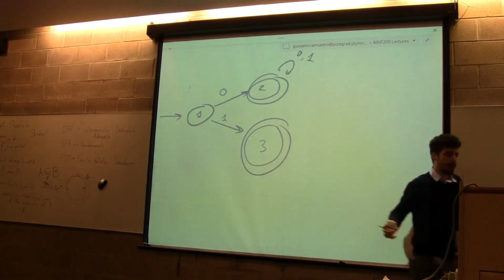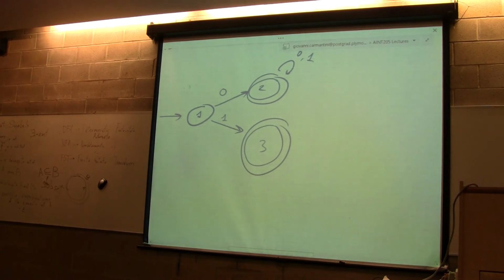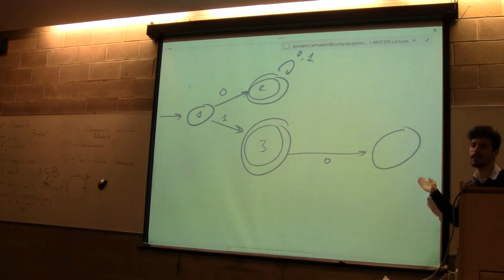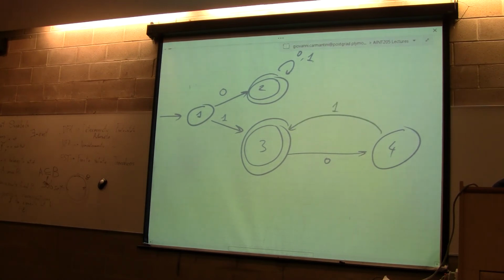What if there is something else? Then you could have a 0, and in that case, would this state be accepting or not? Exactly. It's not accepting, because we want our string to end with 1. So we go here, but we want to accept only if then there is a 1.